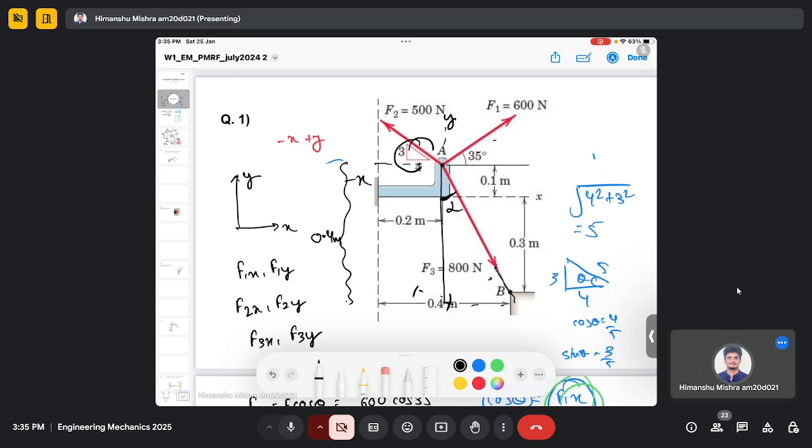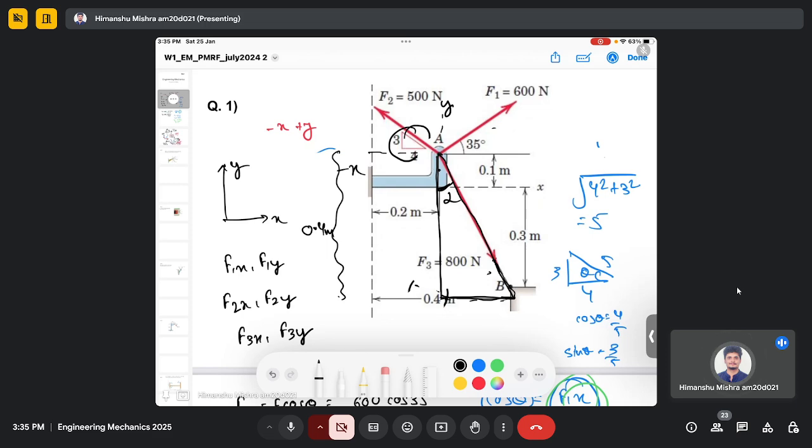So for this we have this triangle, and we know this length, and we also know this length, right?